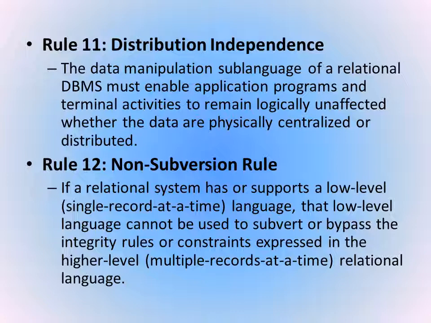There should not be any method to violate the integrity constraints defined on the database. Only the language or sublanguage, say for example SQL, which was used to define the constraint, can redefine them. That means if the constraints are applied using SQL, then those constraints can be redefined only using SQL.